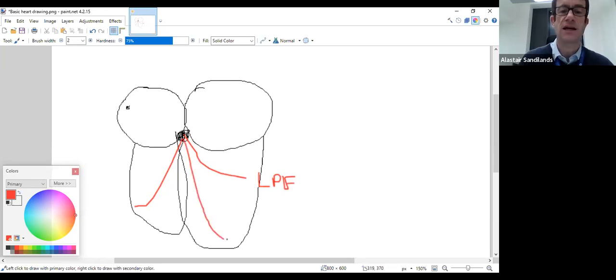This is the left anterior fascicle. Got the right bundle there because it's going to the right. Let's put an R. With bifascicular block, I'm going to put bi here, we have 2 things going on. In bifascicular or trifascicular block, the common denominator is right bundle branch block, RBBB.